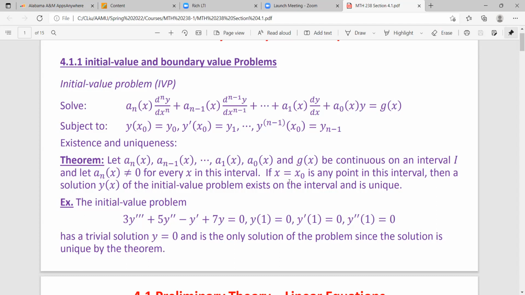So that's a very strong statement, and it essentially tells us that initial value problems have solutions in many cases, and the solution is unique actually.